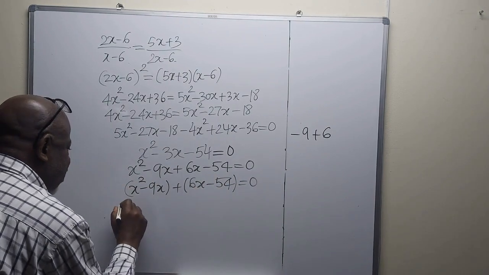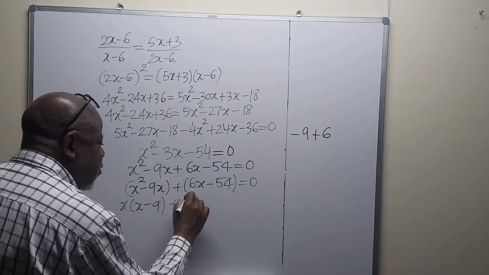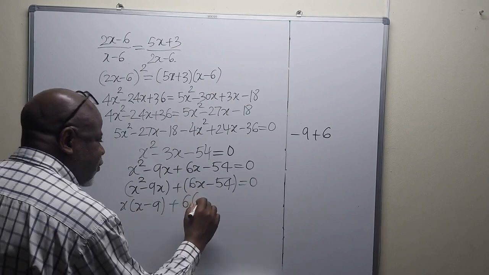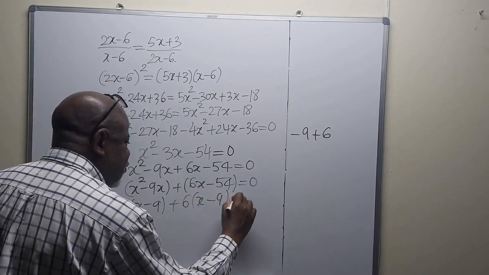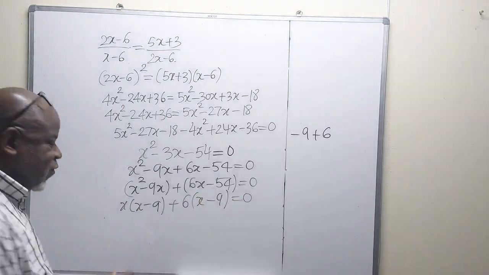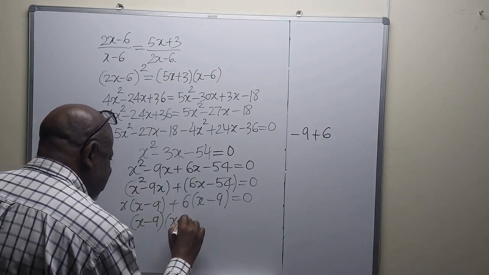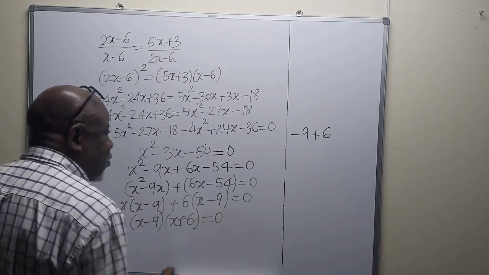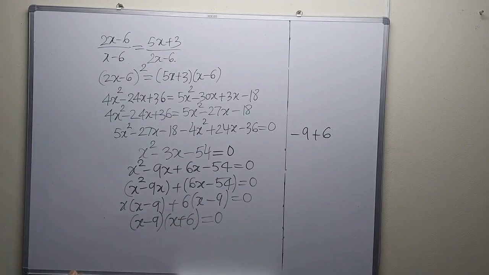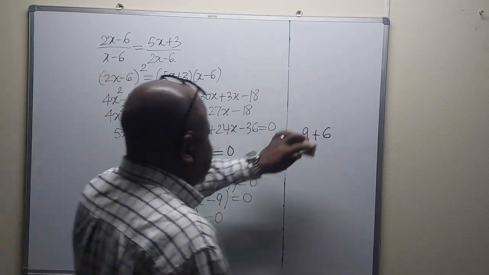We group: from the first two terms we factor out x, giving x(x − 9), and from the other two we factor out 6, giving 6(x − 9). With x − 9 as a common factor, we get (x − 9)(x + 6) equal to 0.